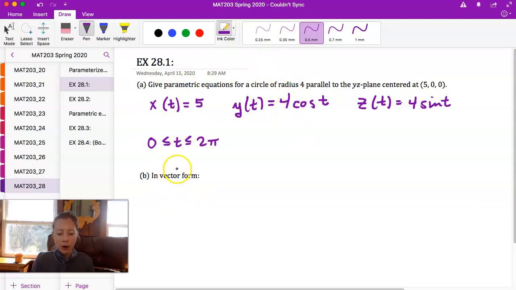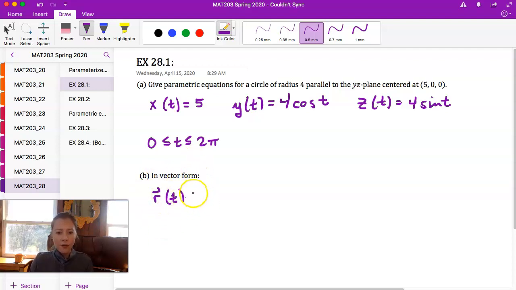So in vector form, we could write this. Vector r of t. If you've taken physics, just like in physics, we're looking at a position vector as a function of time. So it's similar syntax here.